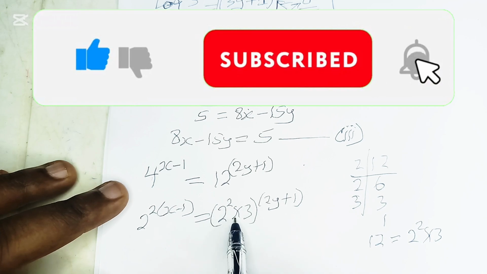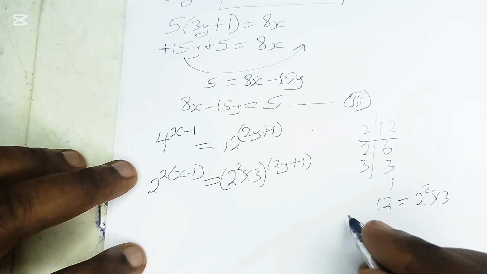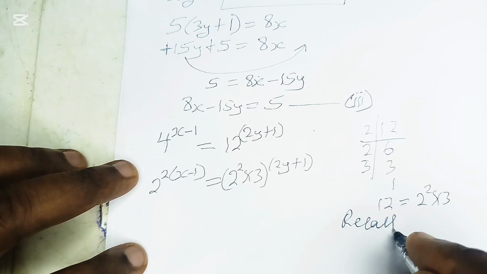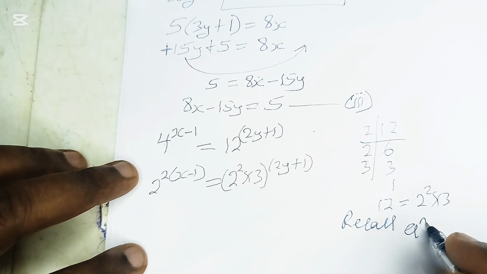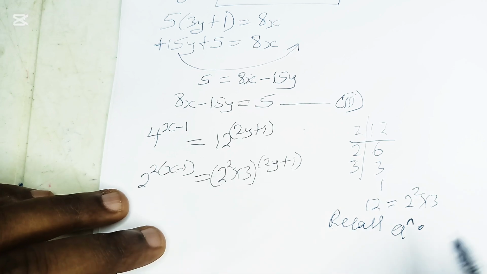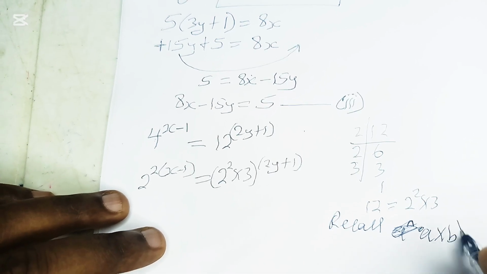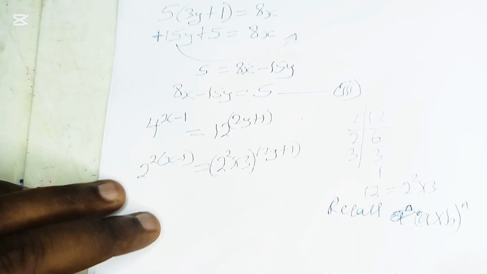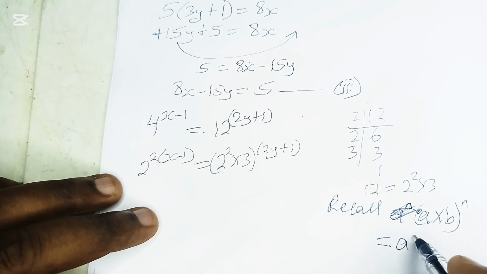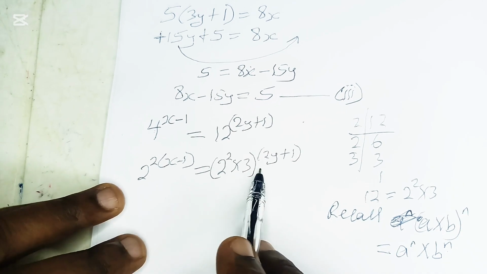What we have to do now is to split this. Recall that a times b all raised to the power of n is the same thing as a raised to the power of n times b raised to the power of n. We apply that here.